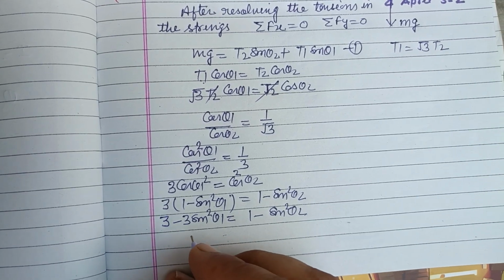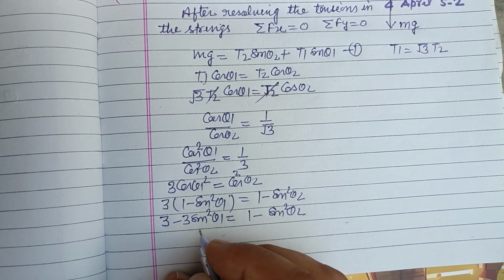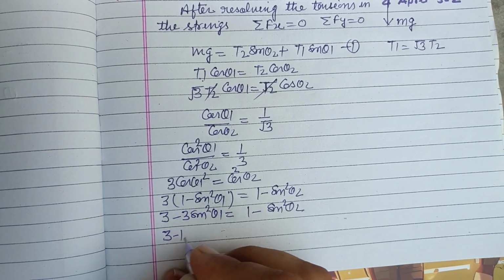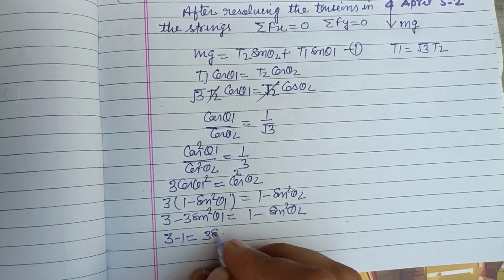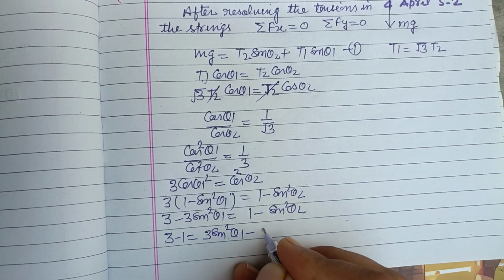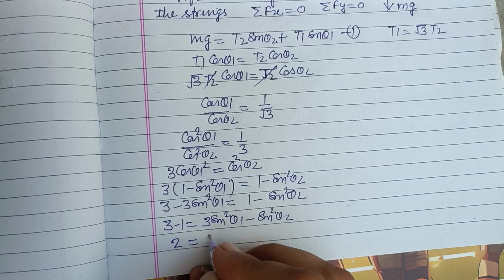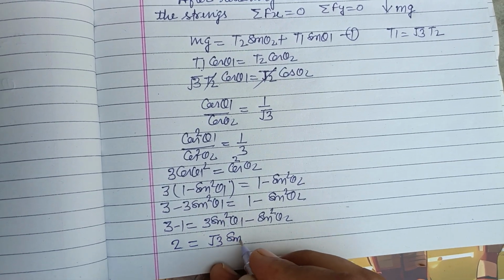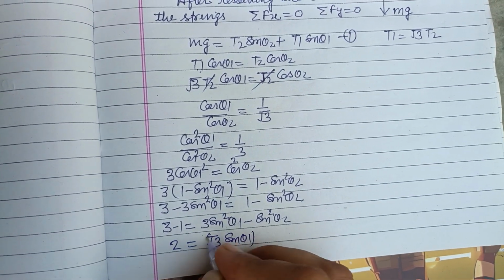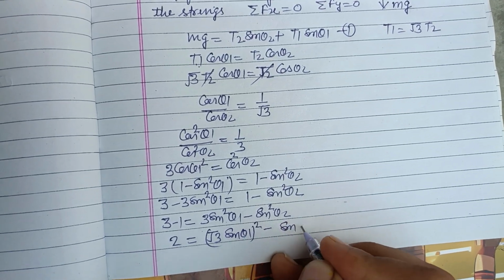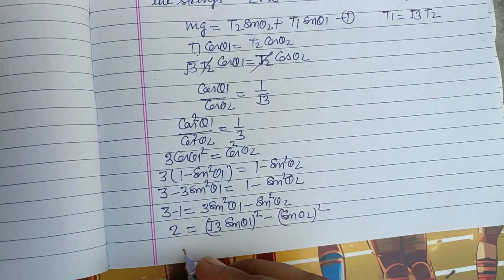Taking terms to one side, 3 minus 1 equal to 3 sin square theta 1 minus sin square theta 2. This is 2, and we write it as (root 3 sin theta 1) whole square minus (sin theta 2) whole square.